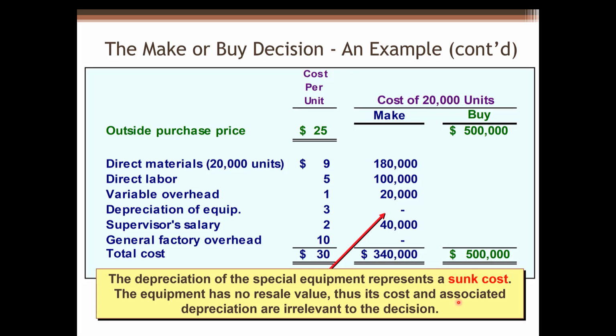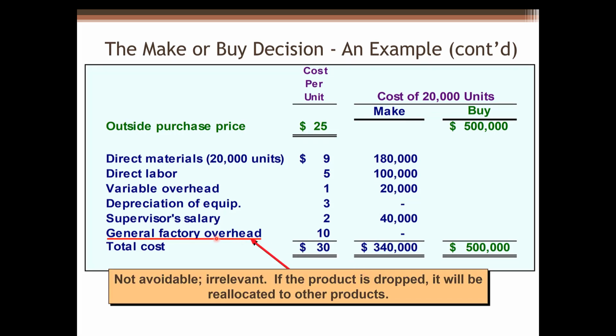Here, the depreciation of special equipment is related to the cost of equipment, and it's a sunk cost. The equipment has no resale value, so both its cost and associated depreciation are irrelevant to the decision. General factory overhead is not avoidable cost. It's irrelevant. If the product is dropped, it will be reallocated to other products.